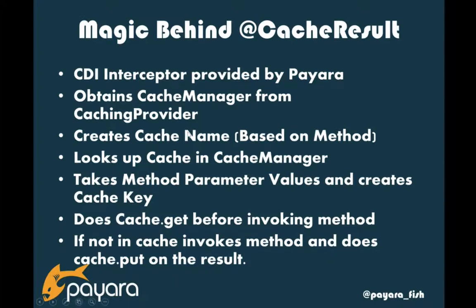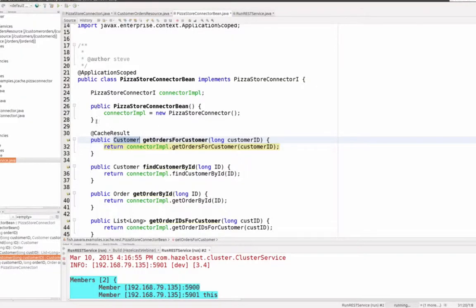It basically creates a cache based on the name of the method. So the cache that it will create will be public get orders for customer. It'll actually have the fully qualified cache name, brackets, long. That'll be the name of the cache, but you don't really need to know that. That's opaque to you if you don't use parameters to the annotation.